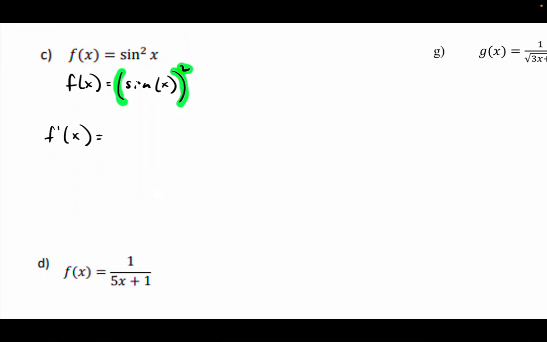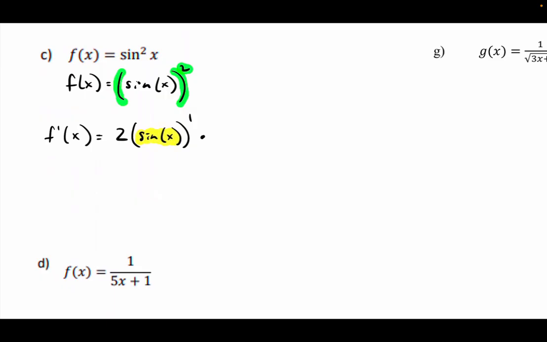Yeah, just use the power rule, right? Move the 2 to the front, subtract a power, it's just 1, right? Rewrite what was on the inside. I haven't cracked open yet what was on the inside. Chain. Cosine of x. The inside only has one layer, sine of x.